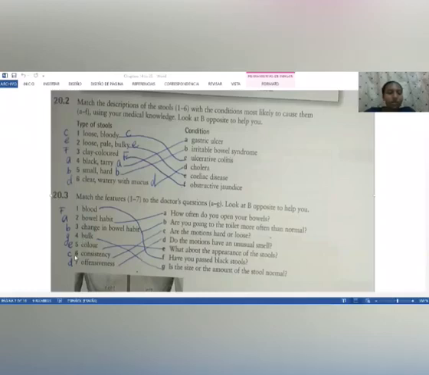Number 6. Consistency. Letter C. Are the motions hard or loose? Number 7. Offensiveness. Letter D. Do the motions have an unusual smell?